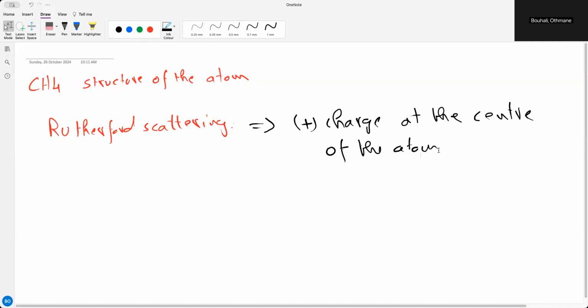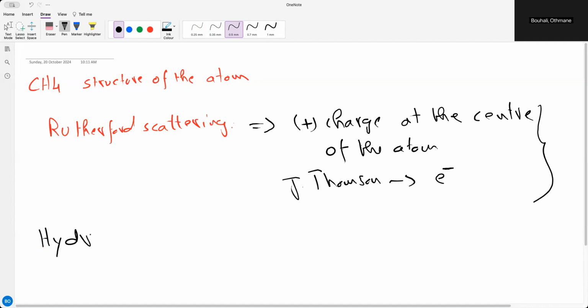And we also know that John Thomson has discovered the electron, which is a negative charge, and that both of them give a neutral charge to the atom. So what happens next is, now let's take the hydrogen atom, which is the simplest atom.